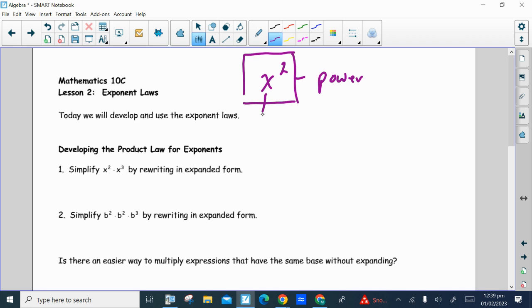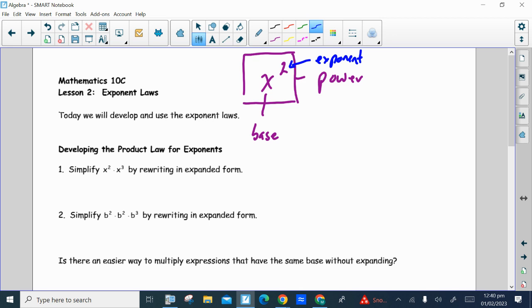You're going to have the base, and you're going to have the exponent. The base tells you what is being multiplied together. The exponent tells you how many times it's multiplied together. So x to the power 2, or x squared, means you're multiplying x by itself twice.